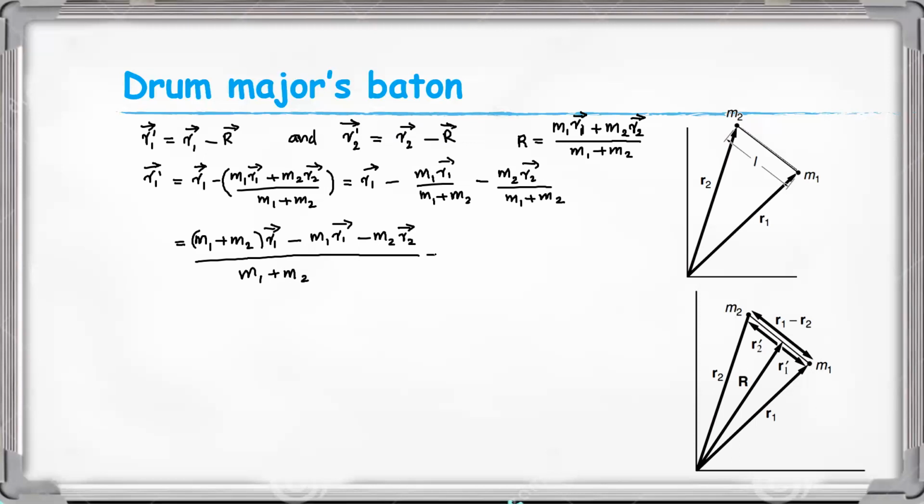Here M1 R1 cancels out, leaving M2 R1 vector minus M2 R2 vector. Then we take M2 outside the bracket: M2 divided by M1 plus M2 into R1 vector minus R2 vector.